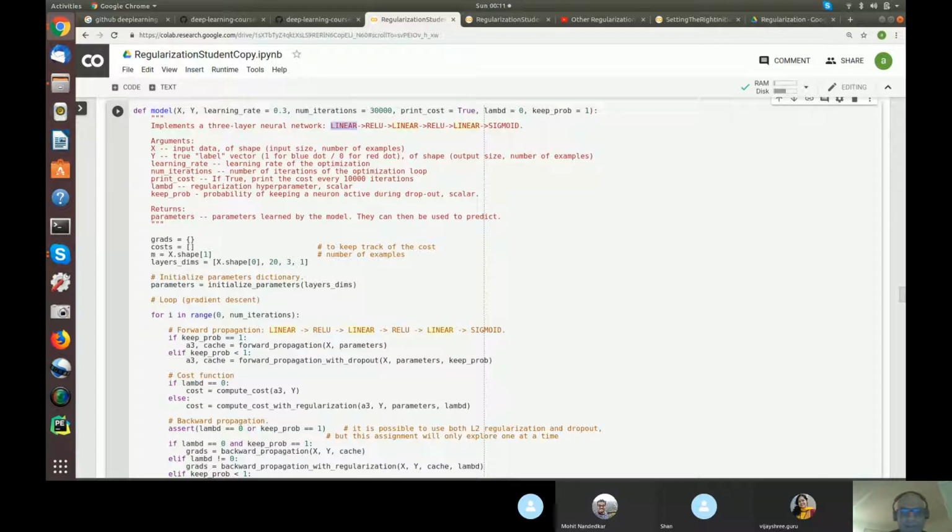Then we have another layer between 3 and 1. 3 layers. And then at 1, we have a sigmoid function. So generally, when the output is binary, we use sigmoid. If it has multiple categories, we use softmax. And in hidden layers, we use ReLU or we use tanh, generally.